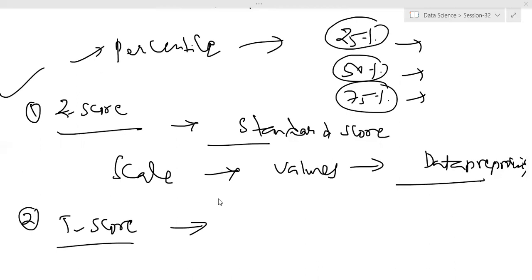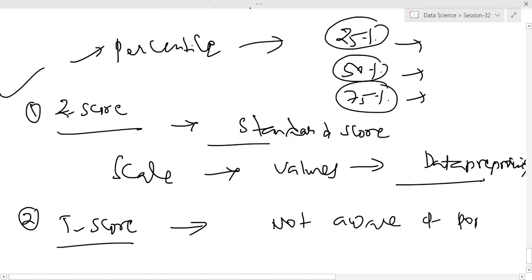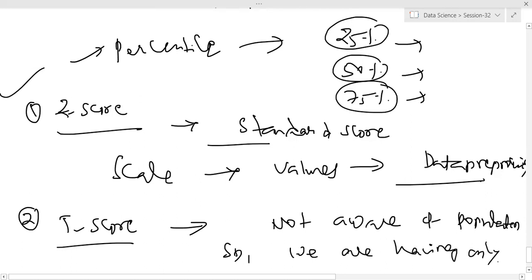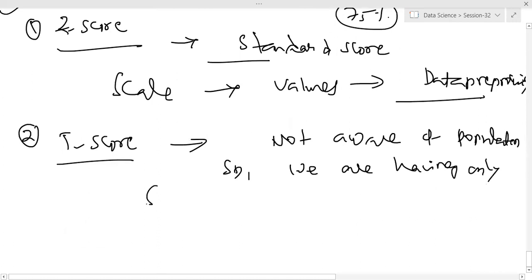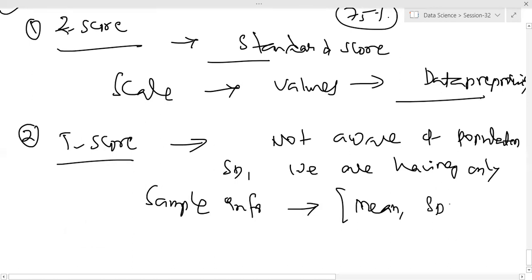Observe here, we are not aware of the population standard deviation. We are having only some sample info. Maybe for the sample, I'm having the mean value, the standard deviation value, and the number of samples also.